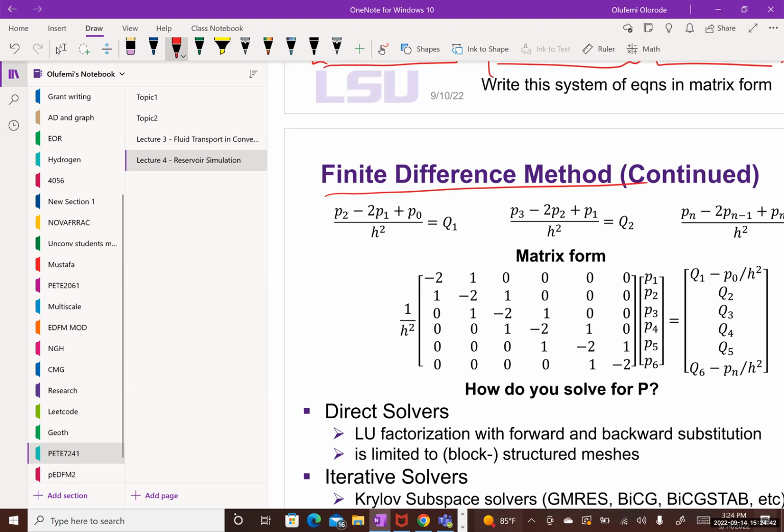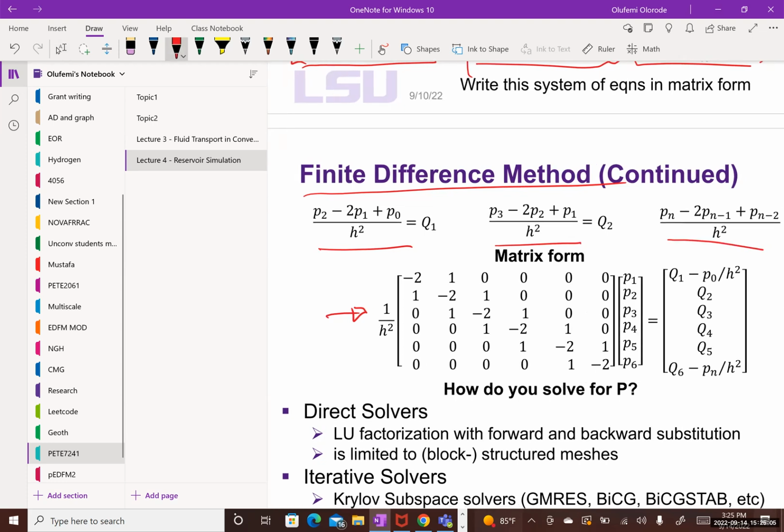If it's finite volume, finite element method, and you have systems of equations, this is exactly what you will do. So move from equations to matrices. And you should also be able to do the opposite. You should be able to look at the matrix form of the equation and figure out what the simultaneous equations are. So these are the 3 equations for the 3 grid blocks, but I continue all the way to 6 grid blocks.